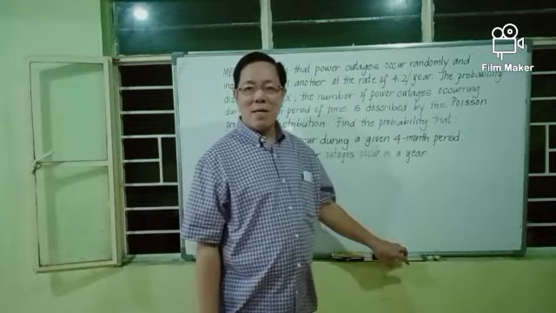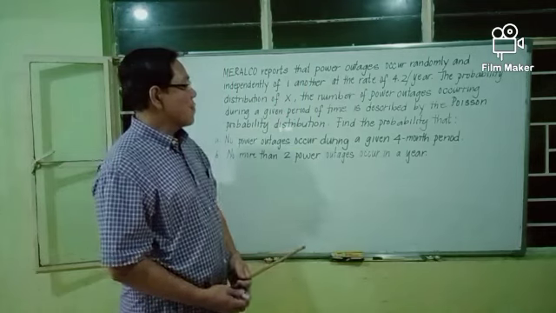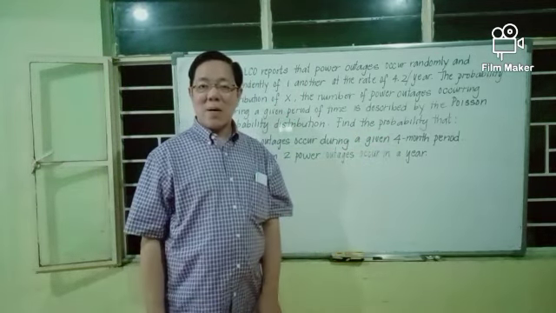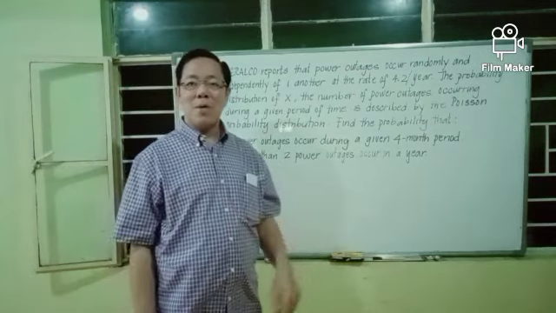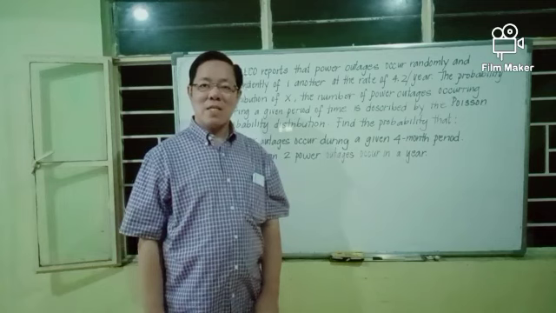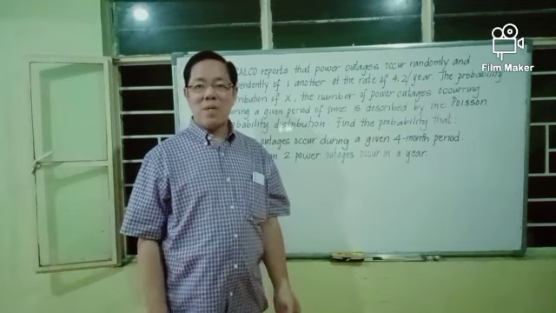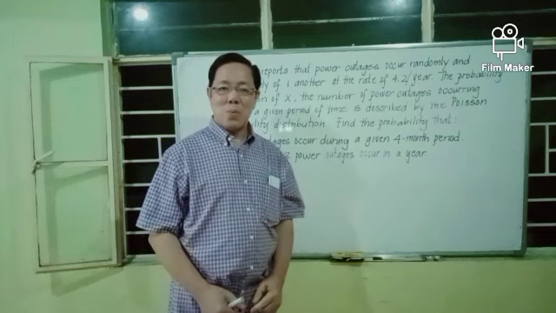First, we write the given information in the problem. We start with 4.2 per year. That is the expected value of the discrete random variable x, representing the number of power outages in a given period of time. And in 1 year, the average number of power outages reported by Meralco is 4.2.